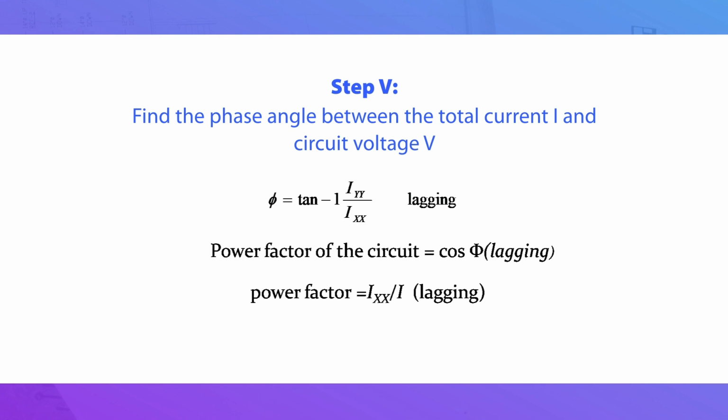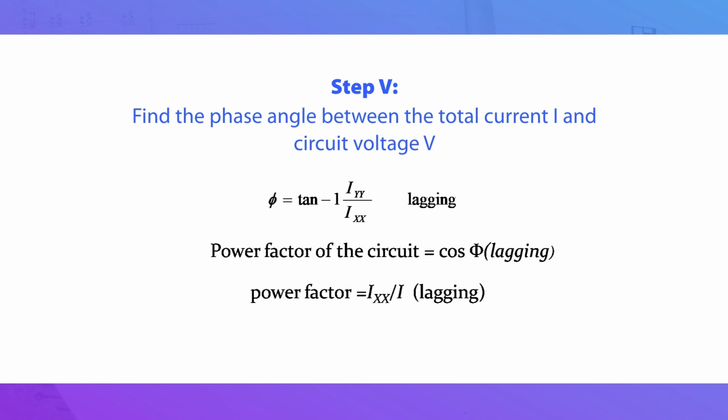Just put the values in this expression and you can easily find the phase angle. Now, as you know, the power factor is equal to what? Cos phi. So you already have the value of phi, and you can also calculate the power factor, which is cos phi, where phi is equal to tan inverse Iyy upon Ixx.